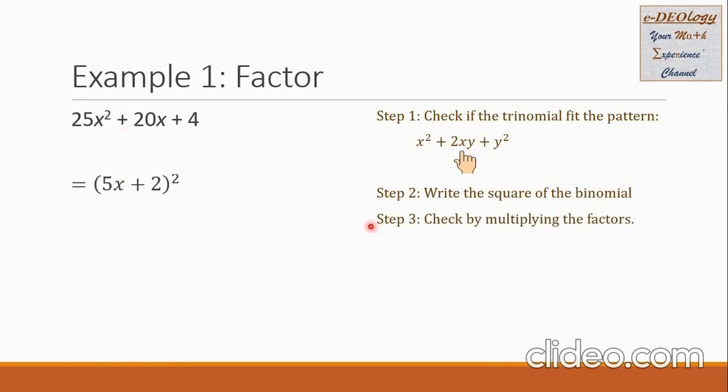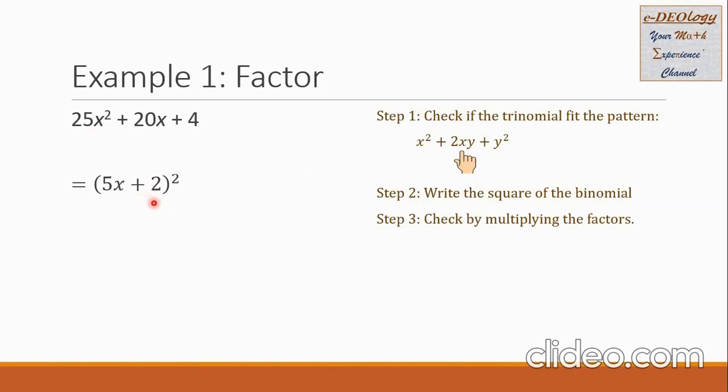Now for step 3, we're going to check our answer if it is correct. We're going to expand and hope that we will get back our original problem up here. So when we expand a binomial, it will follow this pattern here. The 5x squared will give me the 25x squared, and that is the first term of the trinomial.